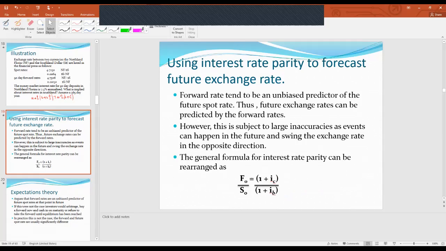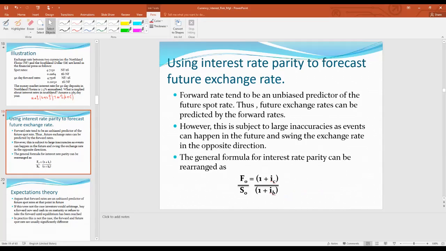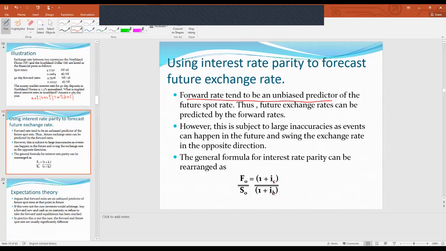It is possible for us to use the interest rate parity theory to determine the future exchange rate. Sometimes you notice that it is possible to use the forward rate as the unbiased predictor of the future spot rate. Therefore, the future exchange rate can be predicted using the forward rate.